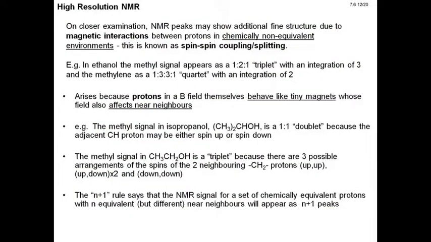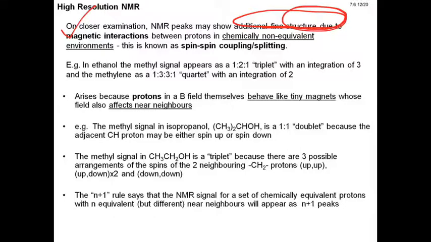Now, this is the other side of the coin. This is high resolution NMR. This is a little bit crazy, this one. Now, on closer examination, NMR peaks, if you zoom in on them and magnify them, you can see that there's also additional more fine detail.